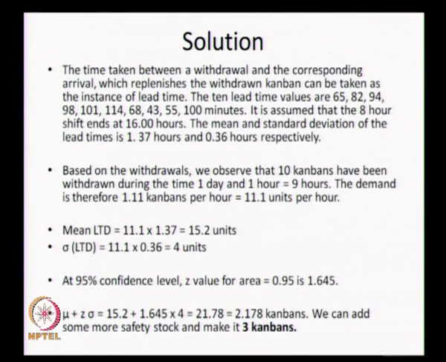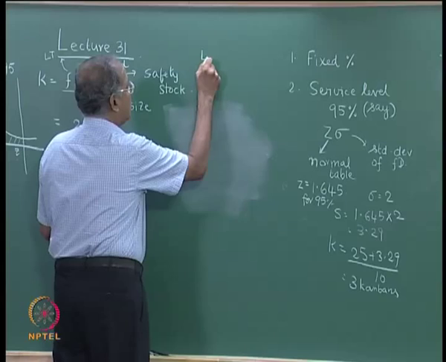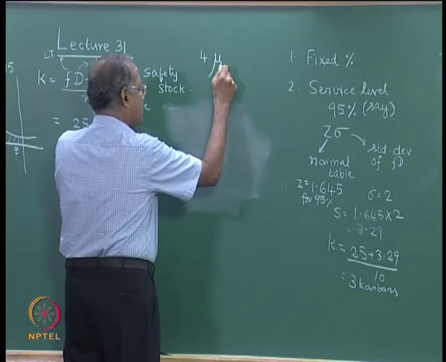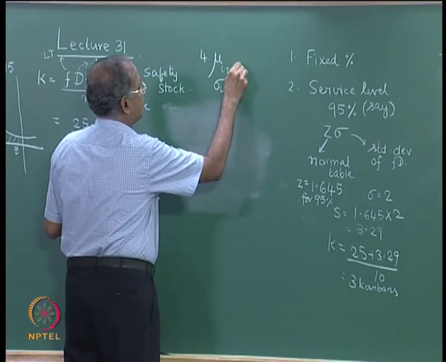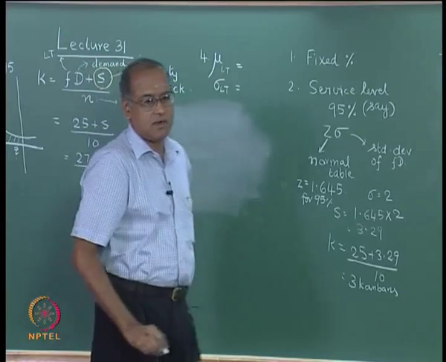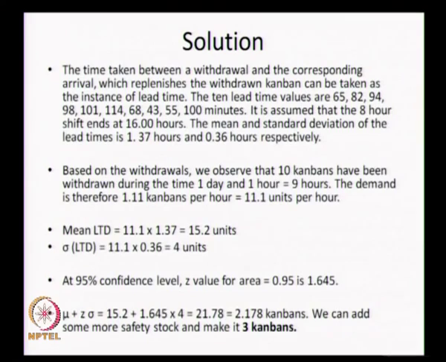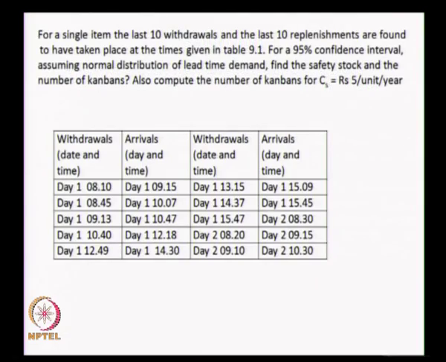So, we assume the mean of the lead time, mu, and sigma of the lead time come from this calculation. For example, 65 time units are taken from day 1 time 8:10 to day 1 time 9:15, which is 65 time units.